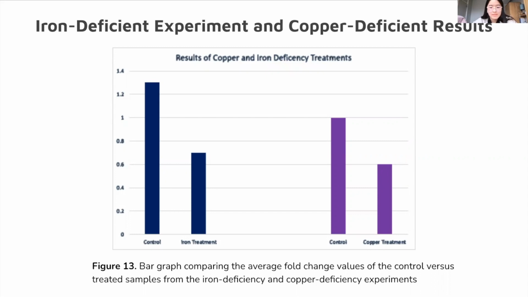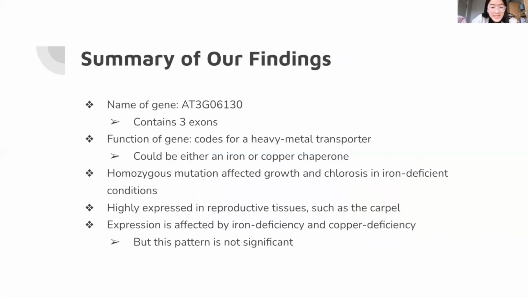In the future, these experiments could be done again with a larger population number to see whether iron and copper could regulate the expression of our gene of interest in roots, since there does seem to be a trend in the data. In summary, we discovered that our unknown Arabidopsis thaliana gene is the AT3G06130 gene, and it contains 3 exons. The function of our gene is that it plays a role in transporting heavy metals, and this includes iron and/or copper.